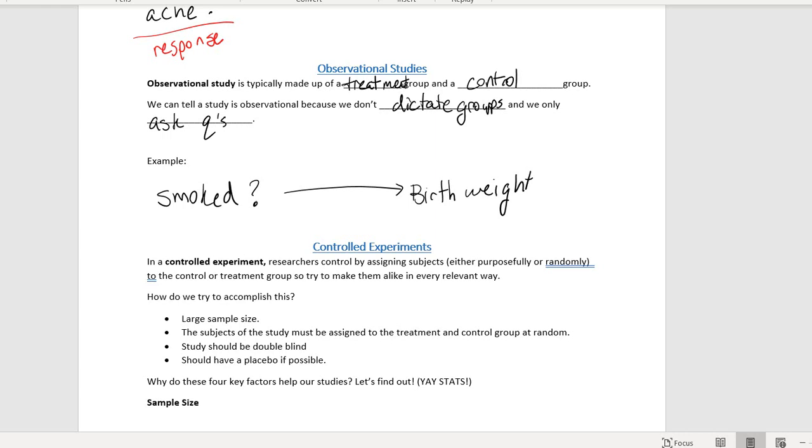And then what was the birth weight of the child? Now, if we were going to break this up into a treatment and control group, we would have two different groups: a group that smoked and a group that didn't smoke.